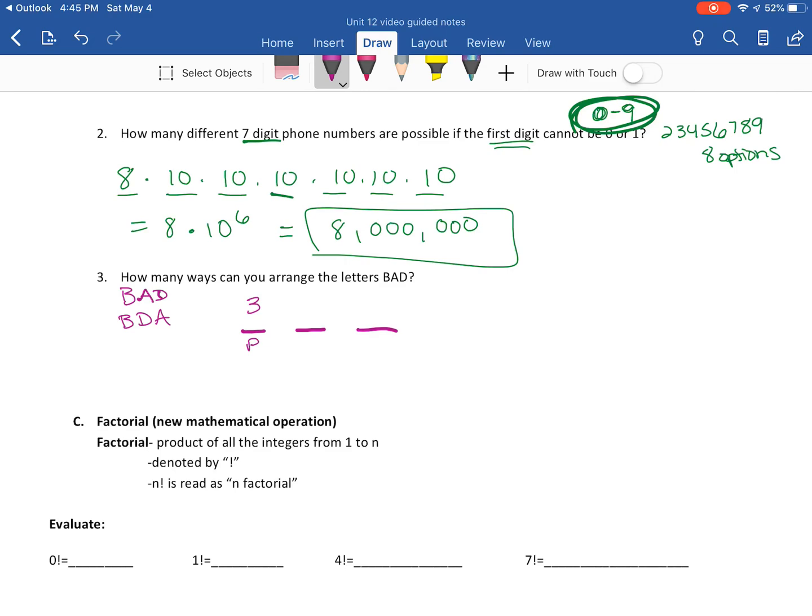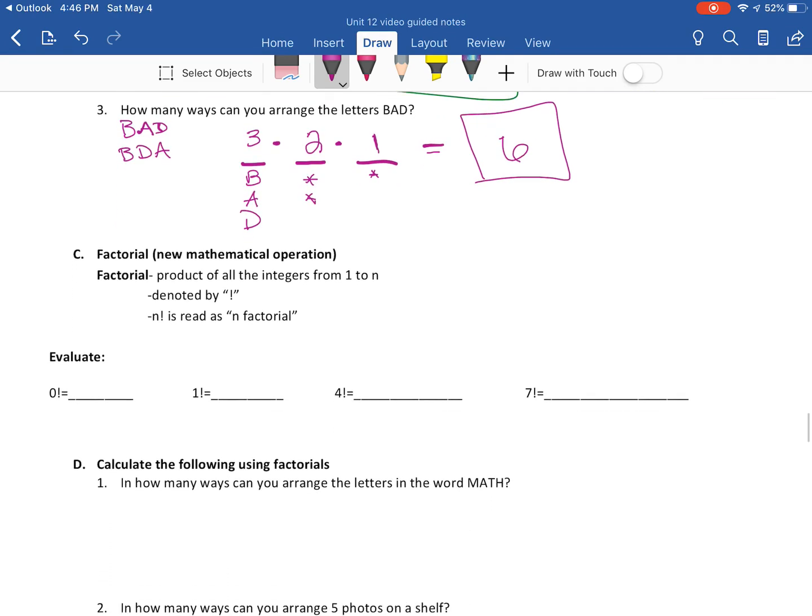It could be B, A, or D. Well, we used one of those letters for the first spot. So then when we get to the second spot, we only have 2 options left. We would only have 2 letters left. And then that last spot, it'd be whatever the third and last letter is. So if we take 3 times 2 times 1, that tells us there are 6 ways to arrange the letters in the word bad.